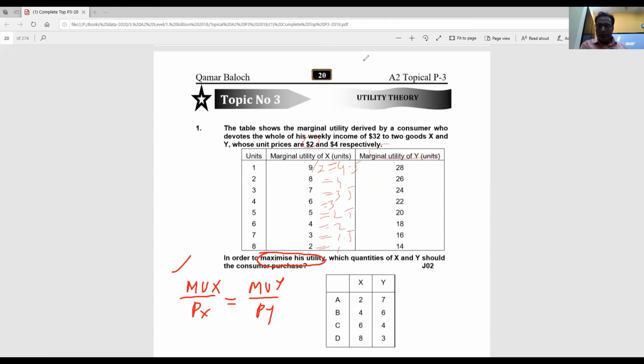We know marginal utilities are given here, and the price of Y is $4.